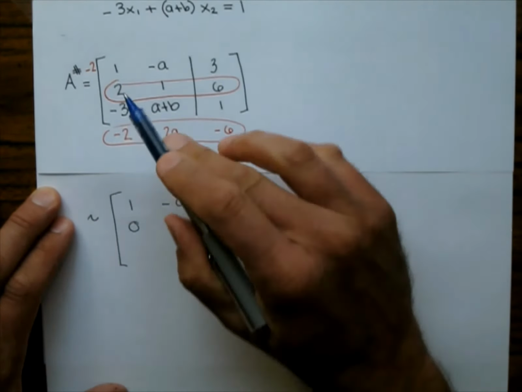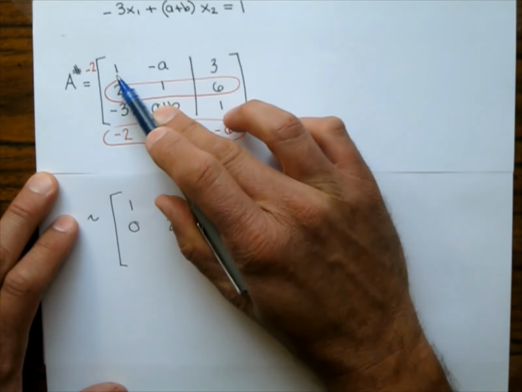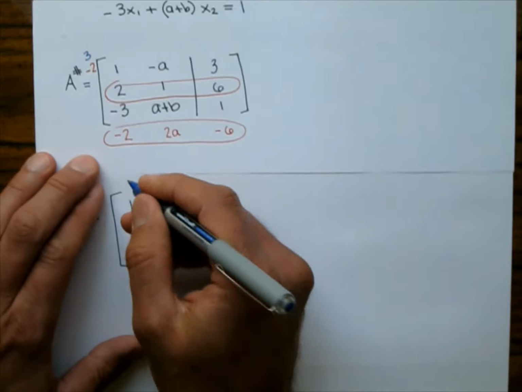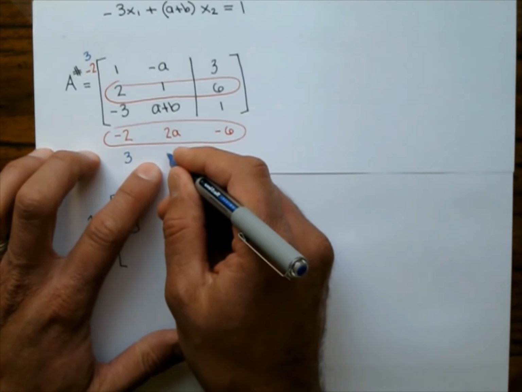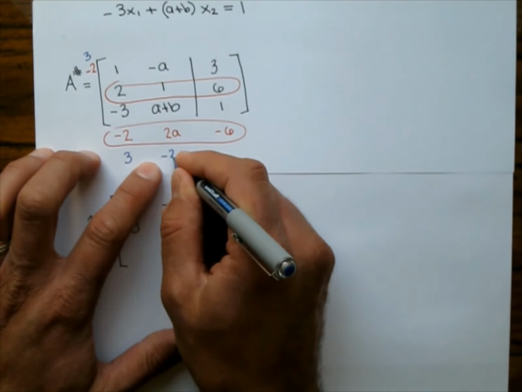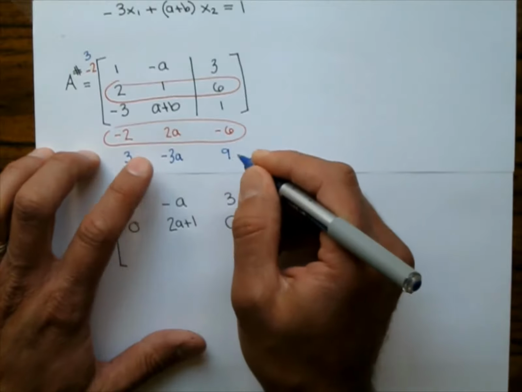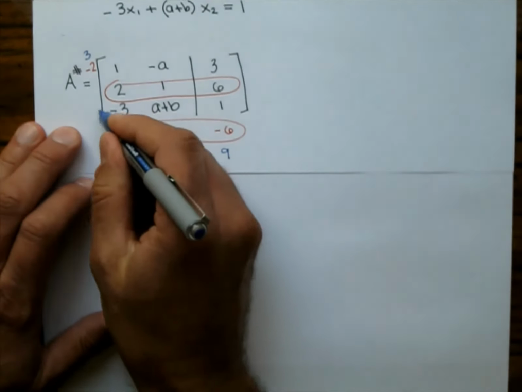I'm going to go ahead and use this pivot to put a 0 there by multiplying row 1 by 3. So I end up getting a 3, -3a, and a 9. And so we'll see what that gets me.